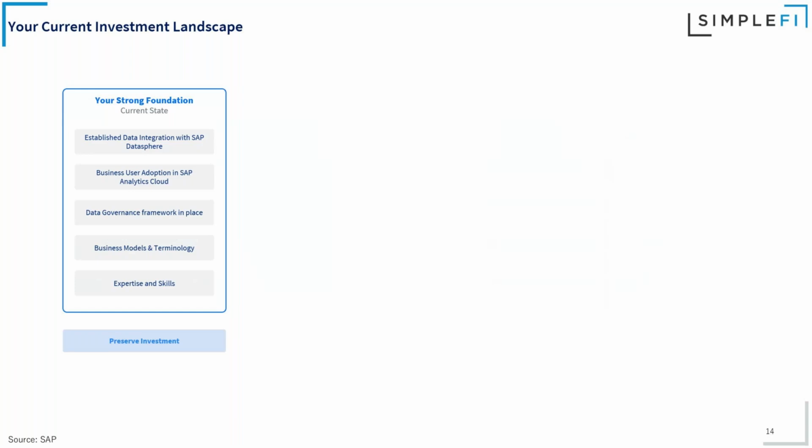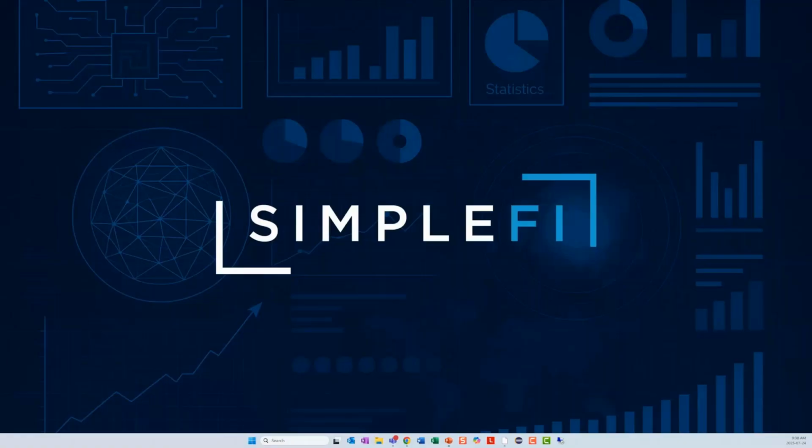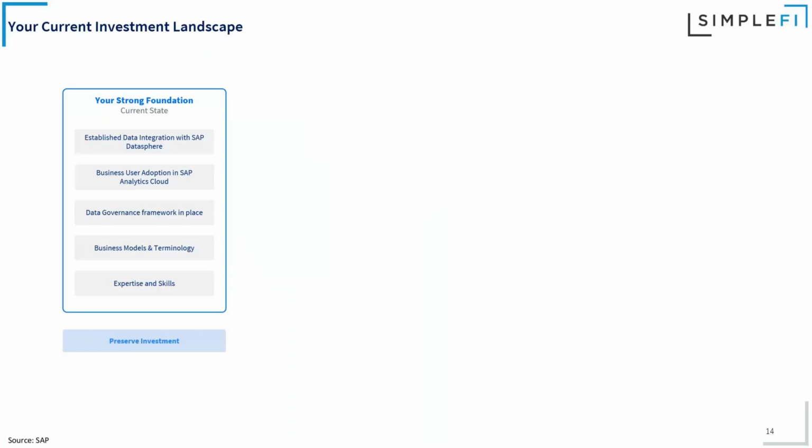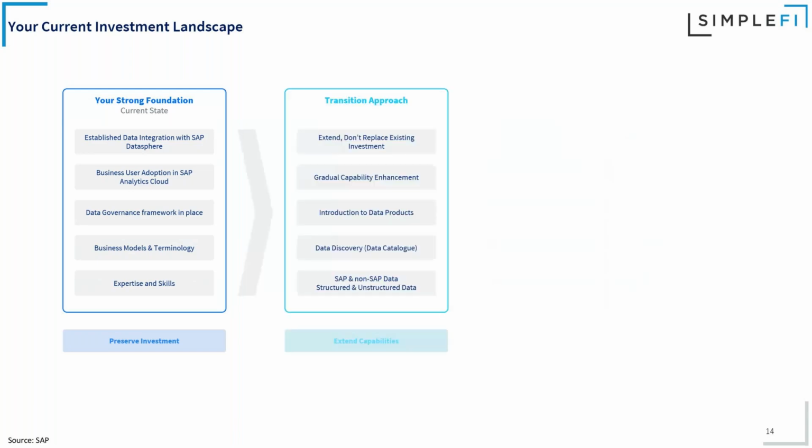This could mean data access controls inside of SAC and data access controls inside of Datasphere. And I'm pretty sure you have also done your modeling, your different scenarios in terms of the models and the terminology that you want to use. Most importantly, you upskilled your team in these two products. So now Business Data Cloud comes along.